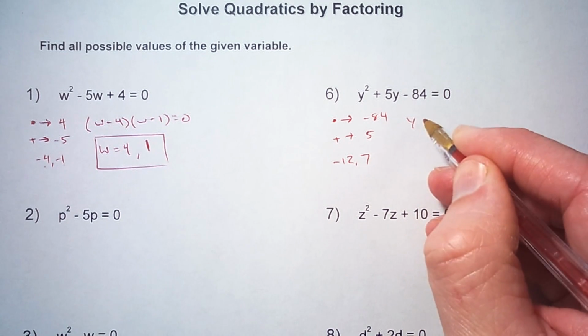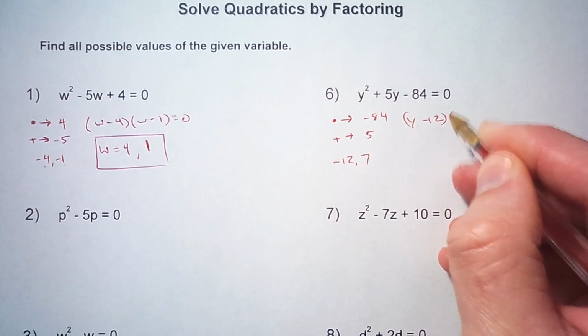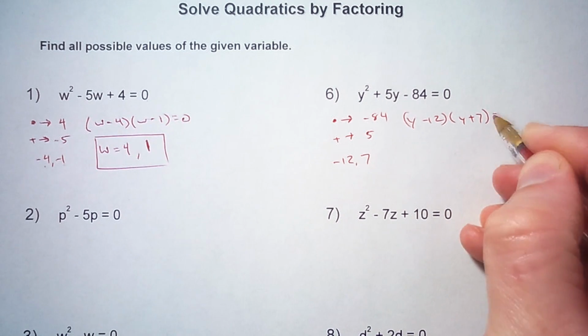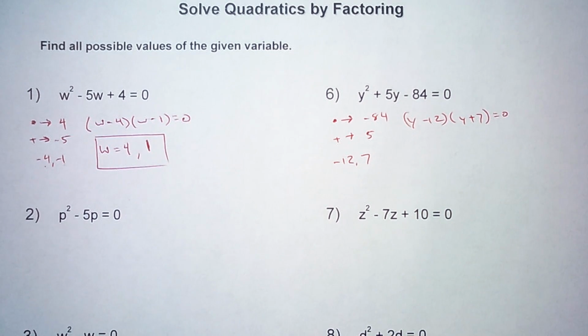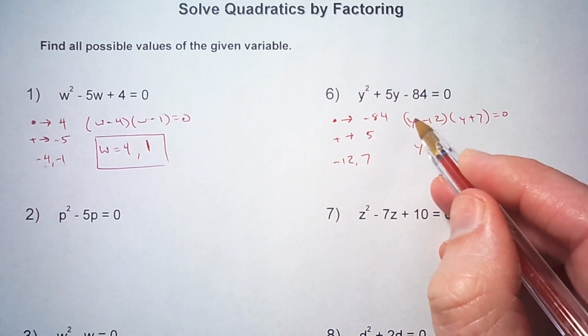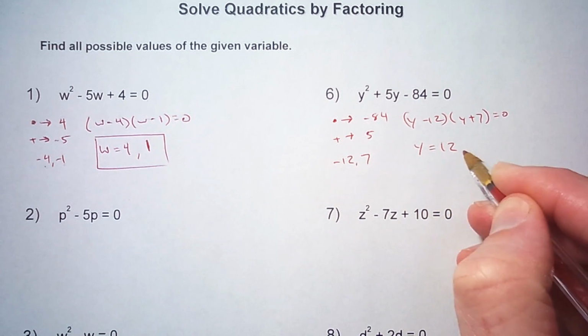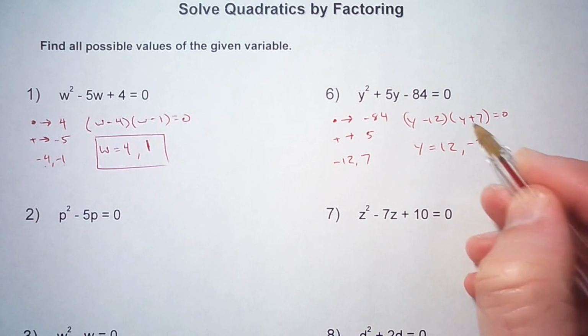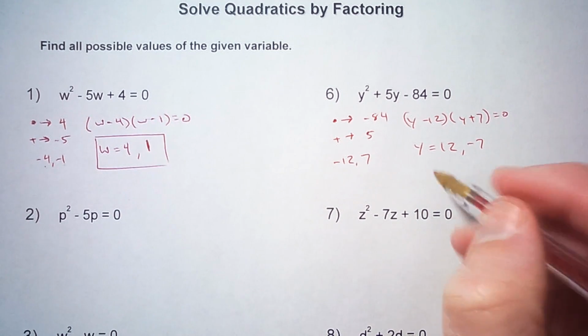So my factored form is y minus 12 times y plus 7 equals 0. So my solutions are 12, because 12 minus 12 makes 0, and -7, because -7 plus 7 makes 0.